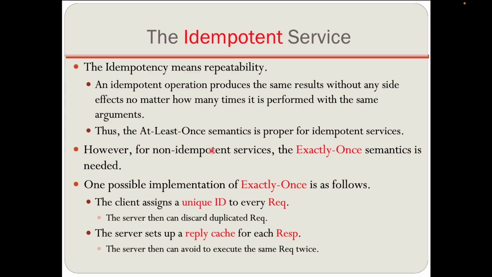Something like this: the server needs to maintain a record for each request and its corresponding response. Here is an example request, and the server first needs to check this ID. Say request 1 is the first request, so it will execute, generate the response, and set the reply. The reply is successful, and it is sent back. If the response gets lost, then a retransmission will happen.